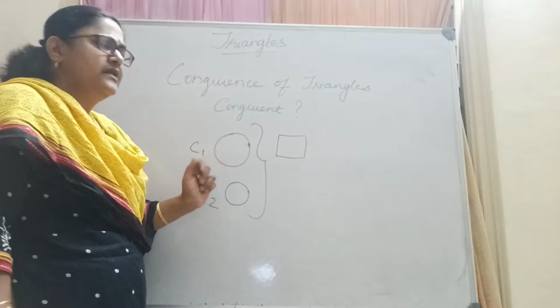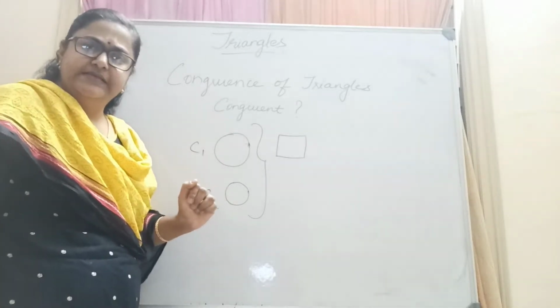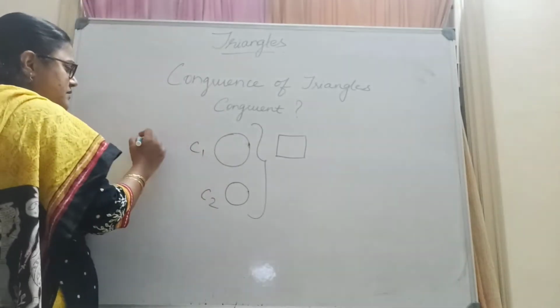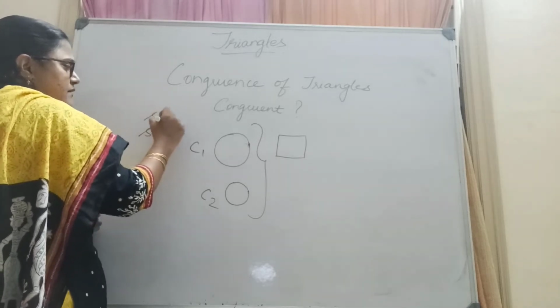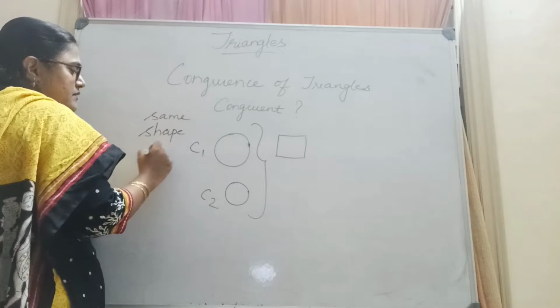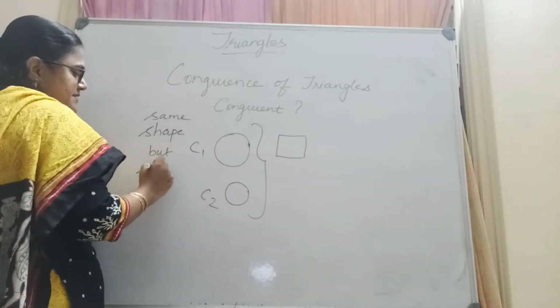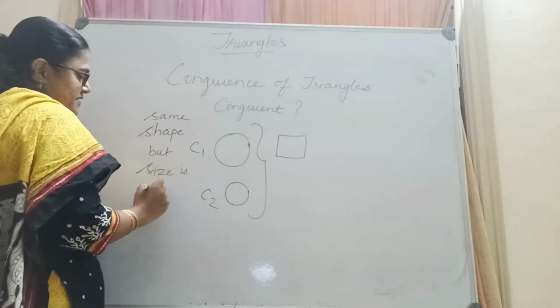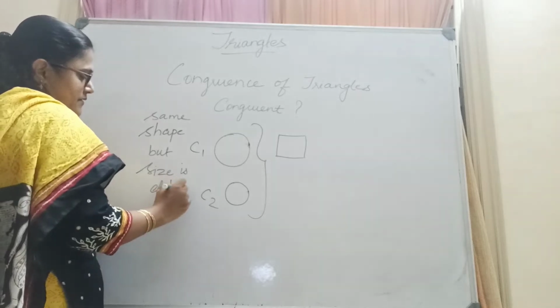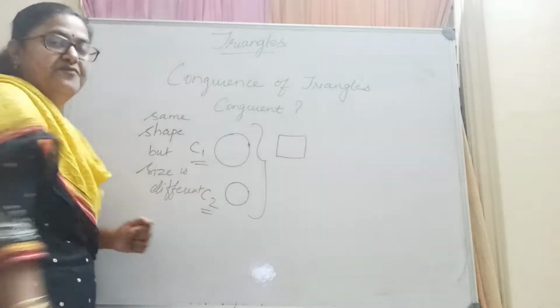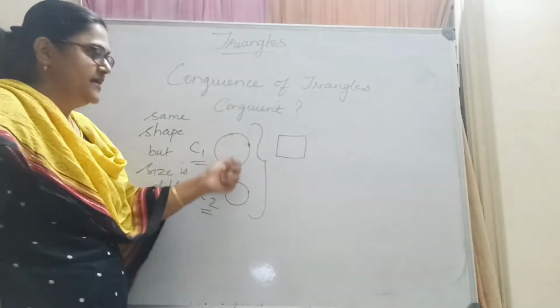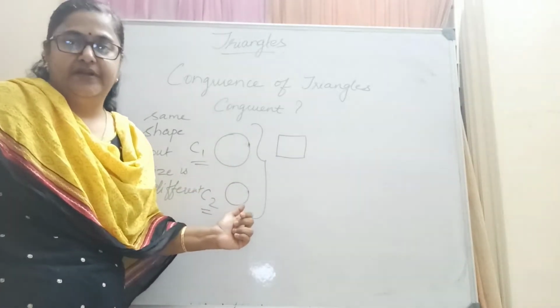But are they of the same size? No, right? The shapes are the same, but the size is different. Circle C1 is different in size from circle C2, which means their radius is different.